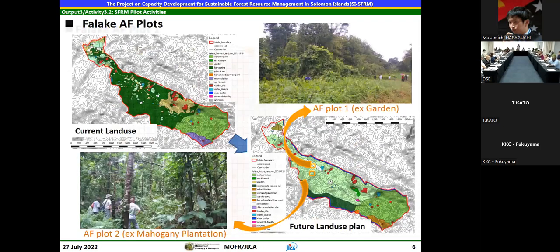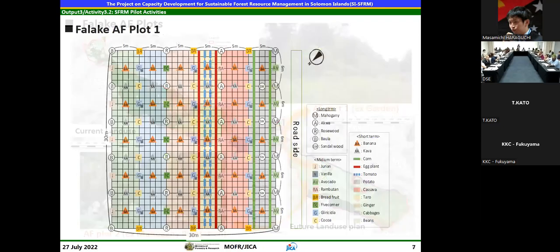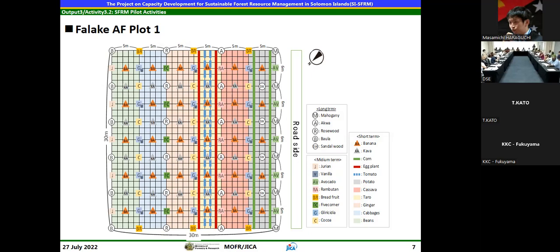In Palake agroforestry plot one, as you can see here in the layout, they have long-term crops: mahogany, agathis, rosewood, calophyllum and sandalwood. The medium-term crops are durian, vanilla, avocado, and so on. And there are short-term crops as well.